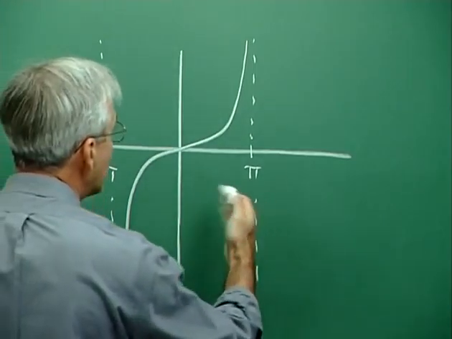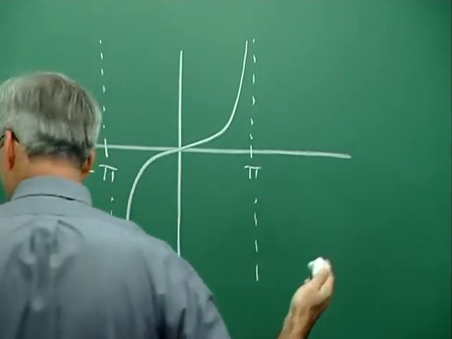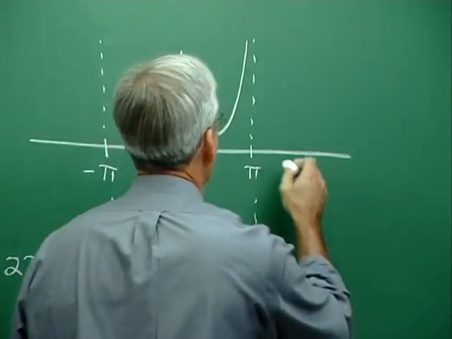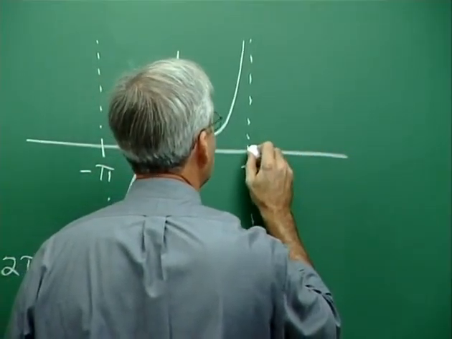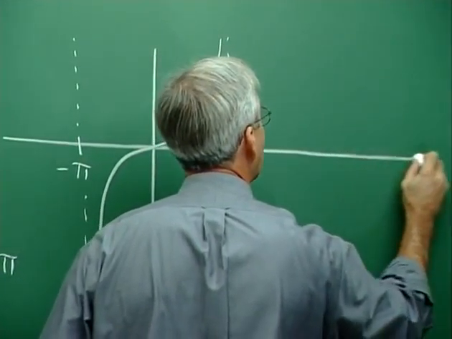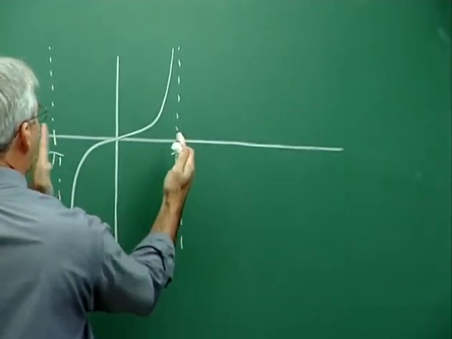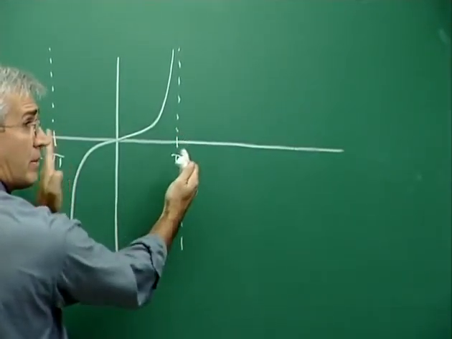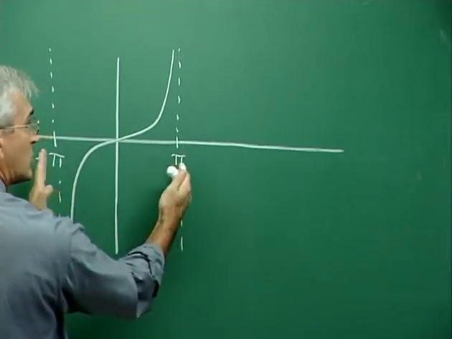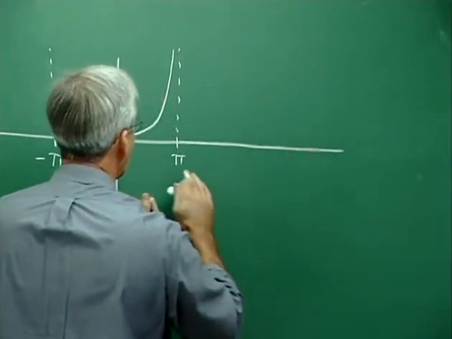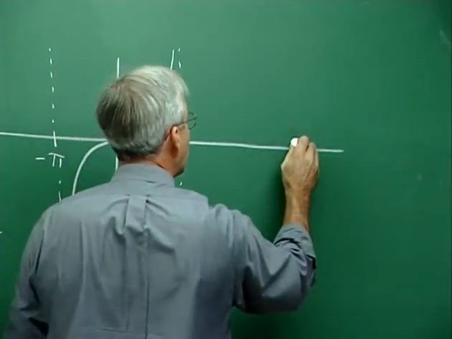Now, this situation continues forevermore in both directions. If we want one more cycle on this side, that's fine. We just extend our x-axis by a distance of the period, a 2 pi distance. So we go 2 pi over here, add 2 pi to pi, and we get to 3 pi.